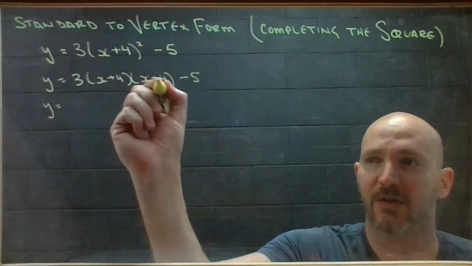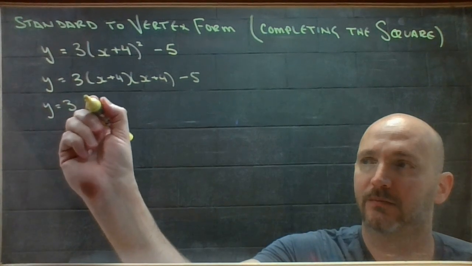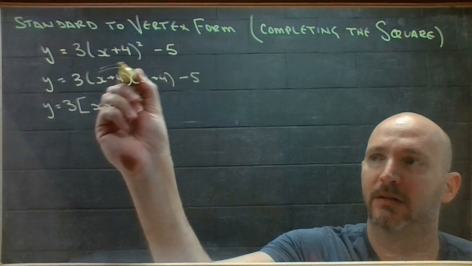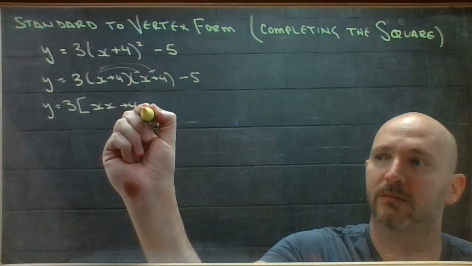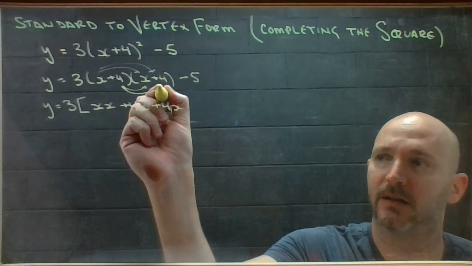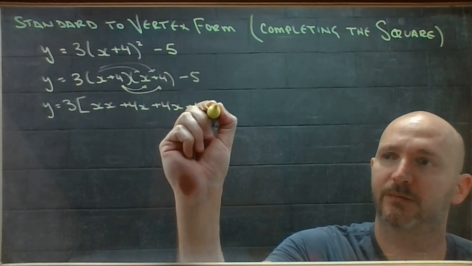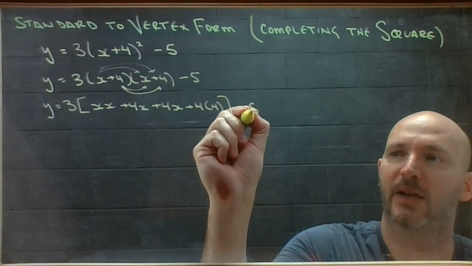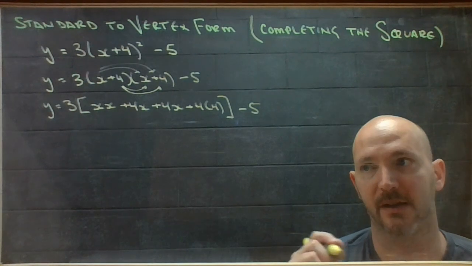I'm going to have to distribute these terms first. So an x with an x, with a 4 with an x, and 4 with a 4, and this -5 is kicking around out here all by itself.